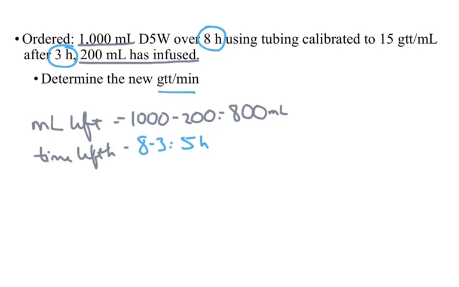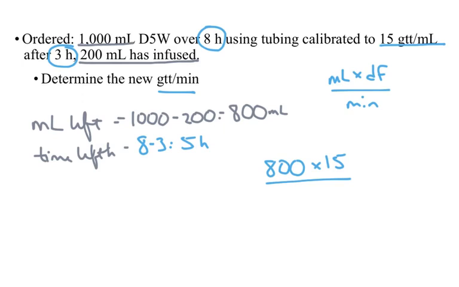For that, I usually use the formula of, just to write it again, milliliter times the drop factor over all the minutes. So for this problem, the milliliter is 800 times the drop factor, which was given to us as 15 drops per milliliter, over our minutes. Now I have 5 hours, so I want to change that to minutes.